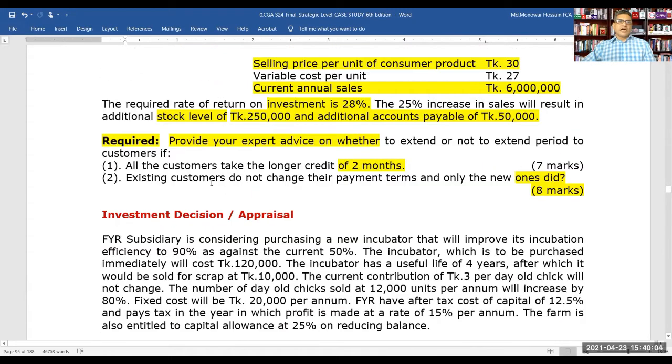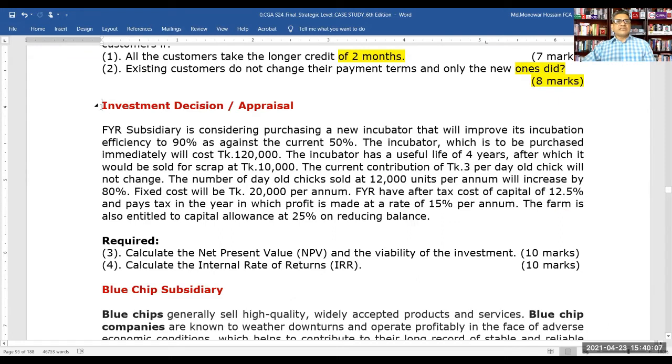Now another one, investment decision appraisal within this group also. A subsidiary is considering purchasing a new incubator that will improve its incubation efficiency to 90% against the current 50%. So efficiency will increase to 90% from 50%.